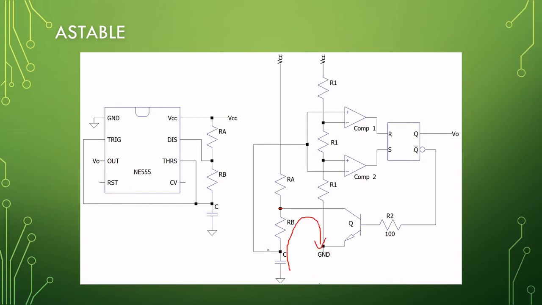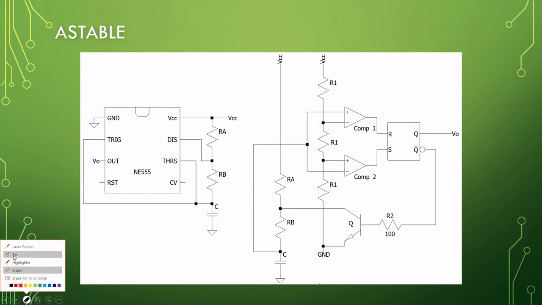And when the discharge is high impedance, our capacitor will charge towards VCC. Okay, but every time there are the two triggers in between, so our capacitor voltage will be kept between 2 times VCC over 3 and a third of VCC as it is.